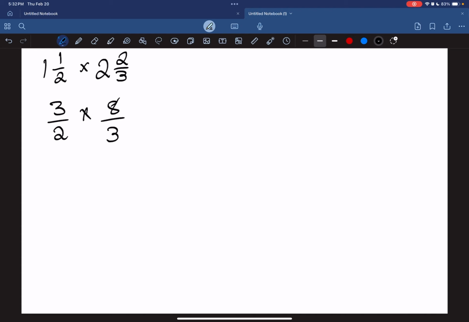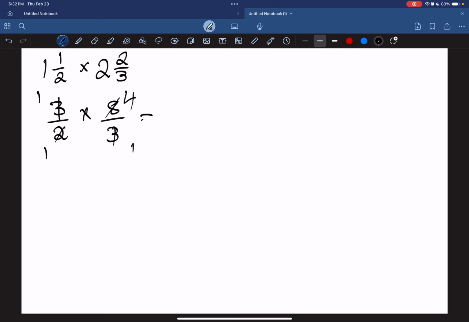So let's simplify first. We can clearly see that the 3 and the 3 can be simplified. So 3 into itself 1 time, 3 into itself 1 time. We'll do the same thing with the 2 and the 8. 2 into itself 1 time, 2 into 8 goes 4 times. So let's look at what we have now.